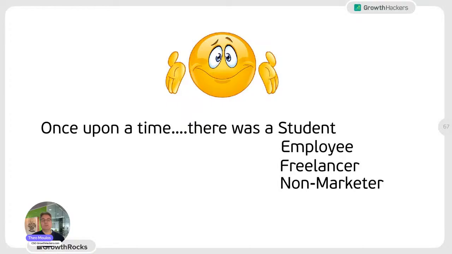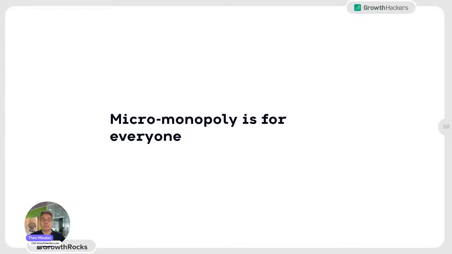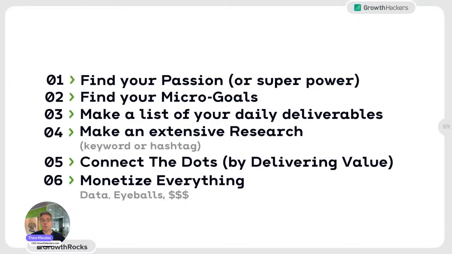And that works even if you are a student, an employee, a freelancer, a non-marketeer. Micro-monopoly is for everyone, because you don't need to be a fashion icon or chief strategy officer at Growth Hackers to build a micro-monopoly. I built a micro-monopoly when I was absolutely unknown because I felt that this was the way I could go forward.